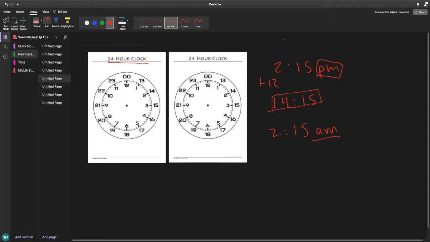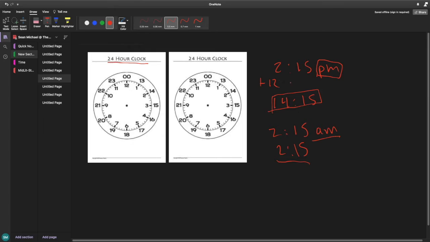So in our case, if it was 2 a.m., 2 in the morning, in 24-hour time it's also going to be 2:15, right? We just don't have the a.m. there. You don't necessarily need the 0, but it's there sometimes. So it's just 2:15 because this is 2 hours and 15 minutes past midnight. And this is also 2 hours and 15 minutes past midnight.